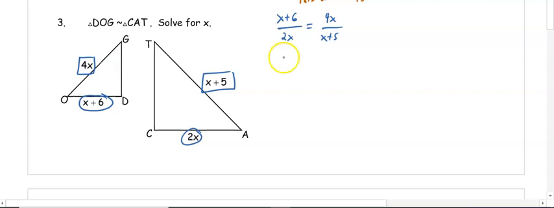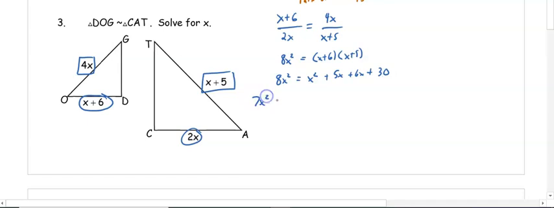So as we cross multiply here, we get 8x squared equals x plus 6 times x plus 5. We're going to have to FOIL that out. 8x squared equals x squared plus 5x plus 6x plus 30.